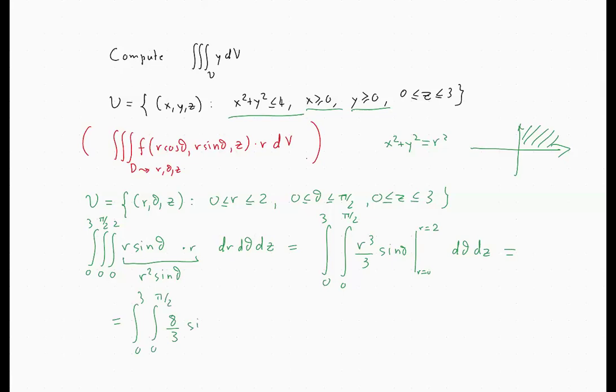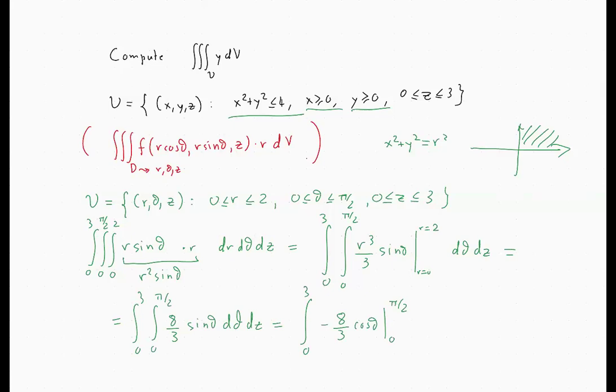And now when you take the antiderivative here, you will have minus 8 over 3 cosine theta, from 0 to pi over 2. And then you just need to integrate with respect to z. There's no z, so you really multiply by the length of the interval.